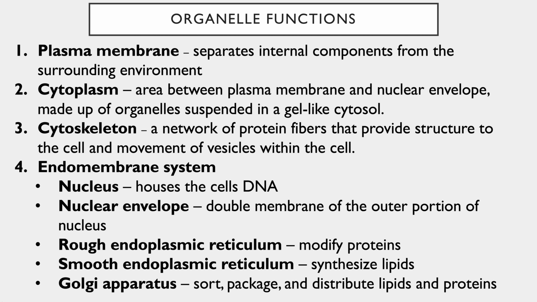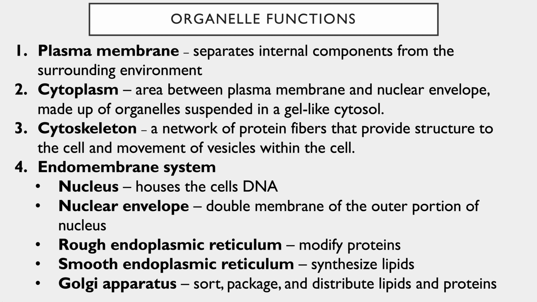A lot of times scientists will use the words cytoplasm and cytosol interchangeably. The third organelle, called the cytoskeleton, is essentially a network of protein fibers, and it provides the structure to the cell and allows for a pathway of movement of vesicles inside the cell to move along that particular cytoskeleton.